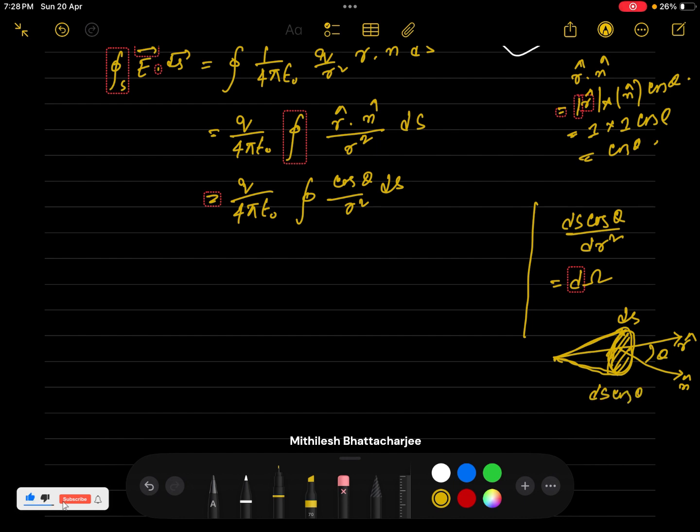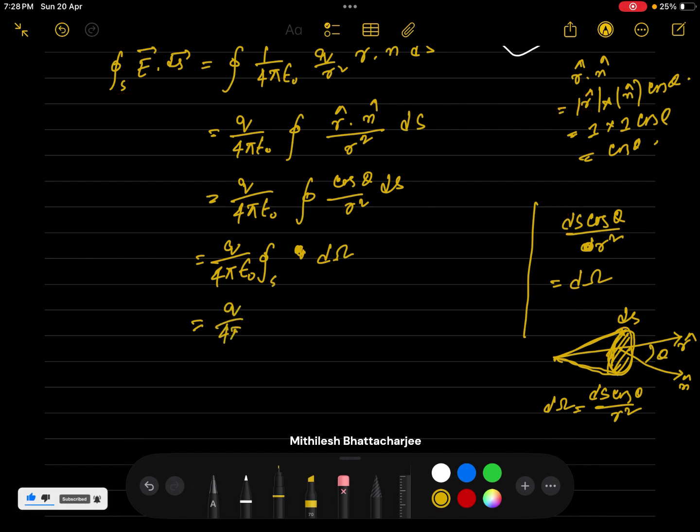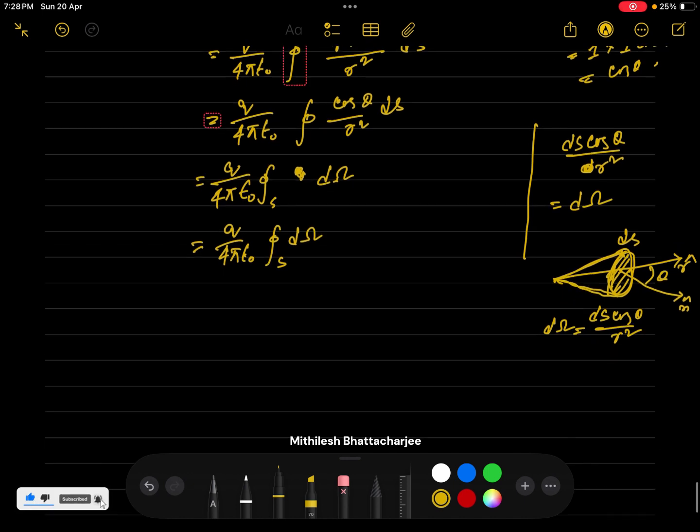So ds cos theta by r square is denoted as d omega. So we can just replace it by d omega. Now the integration will be only for d omega, right? So in case of solid angle, the integration of d omega will be what?